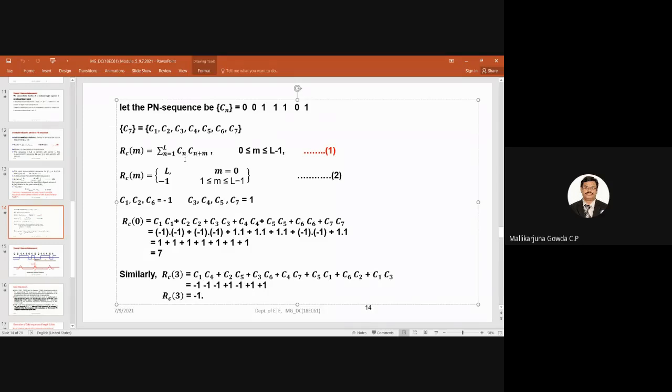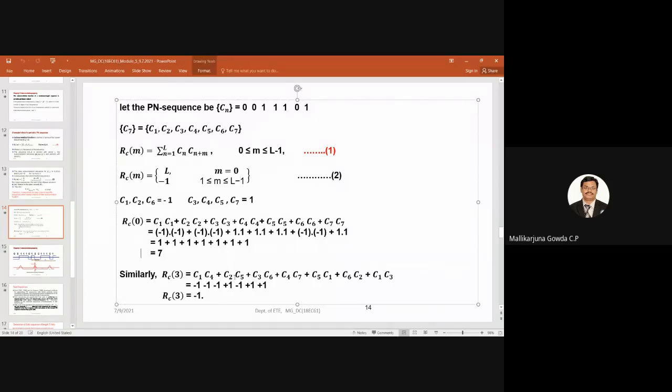So substitute the value of n from 1 to L. So the first product I get when n is 1 and m is 3 is C1, then C4. That is why I wrote the first product as C1, C4. Next is when n is 2, so it is C2, then 2 plus 3 is 5, right?